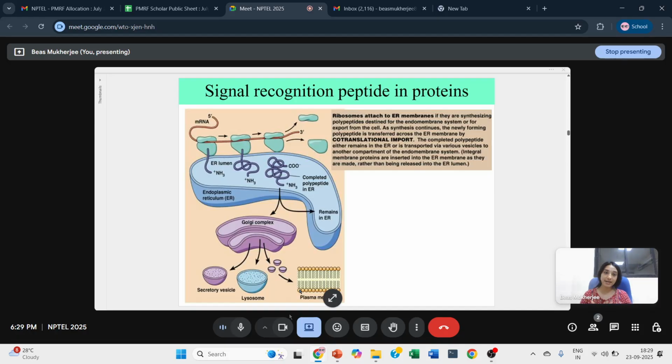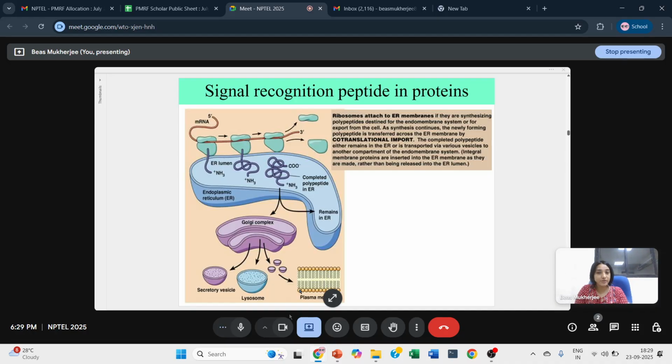Now, as synthesis continues, a newly forming polypeptide is transferred across the ER membrane by co-translational import. The completed polypeptide either remains in the ER or is transported via vesicles to another compartment of the endomembrane system. That is, integral membrane proteins are inserted into the ER as they are made rather than being released into the ER lumen.